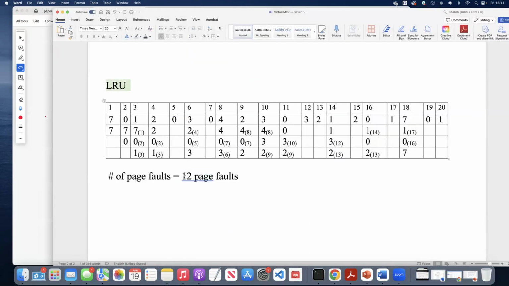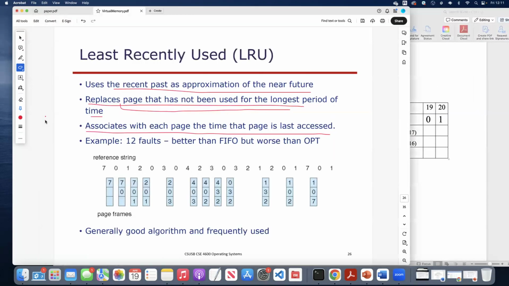This is an example of the least recently used algorithm. Its performance is between first in first out and optimal. 12 page faults is better than first in first out, which has 15 page faults, and worse than optimal, which has 9 page faults.